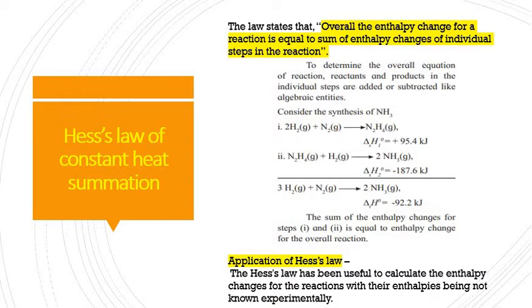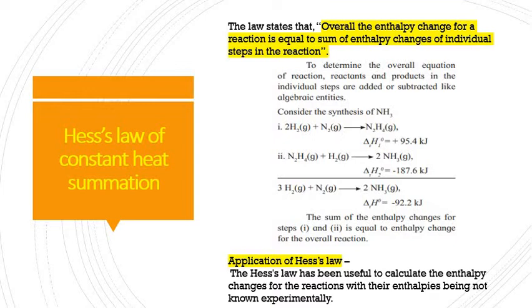In the first step, gaseous hydrogen combines with gaseous nitrogen to give N2H4, which is gaseous, and the enthalpy change in this is 95.4 kilojoule. In the second step, N2H4 combines with hydrogen to give ammonia, and in this step the enthalpy change is minus 187.6 kilojoule.